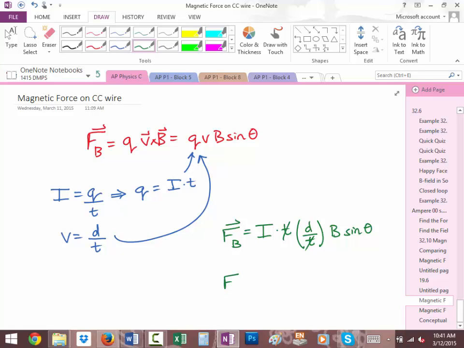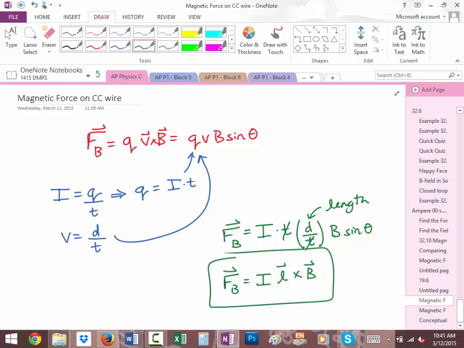So then you've got the magnetic force acting on a current carrying wire. That's a certain length. We usually write that d because it's how far it's going, but I'm going to write that as a length, a little vector L, cross B. This is an equivalent statement to the one that we had before. It's just when we're talking about two current carrying wires.